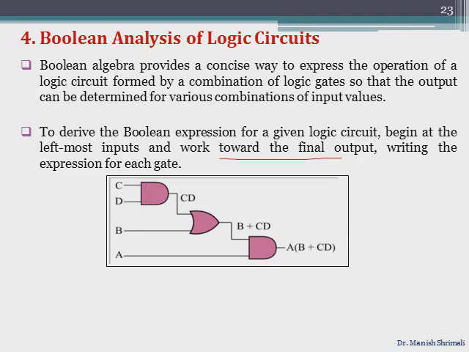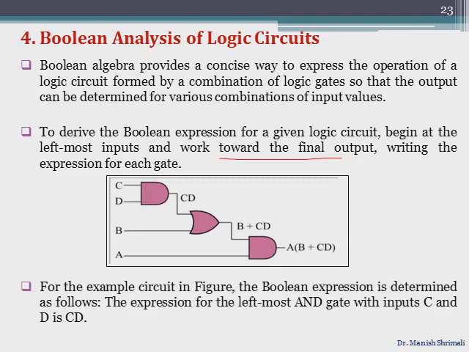So if you consider this circuit, we have to start from the leftmost inputs. This is an AND gate, so it will give the output as C into D. Since this is the OR gate, whatever input we are getting here will be added to this input, so we have written B plus CD.